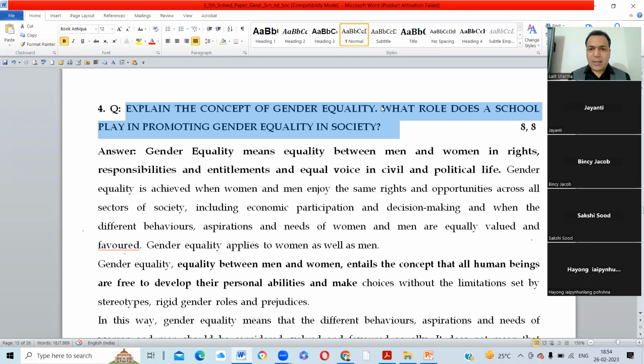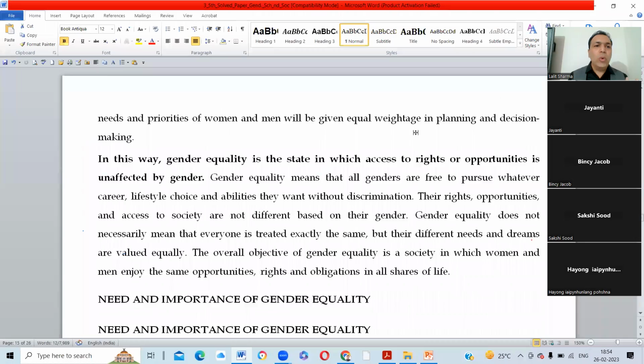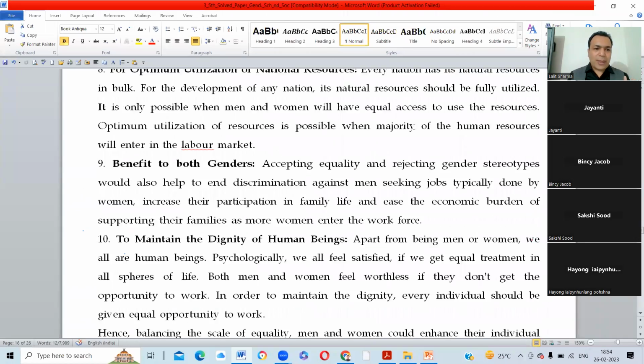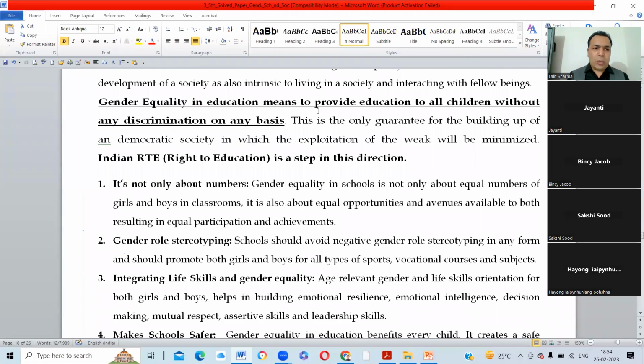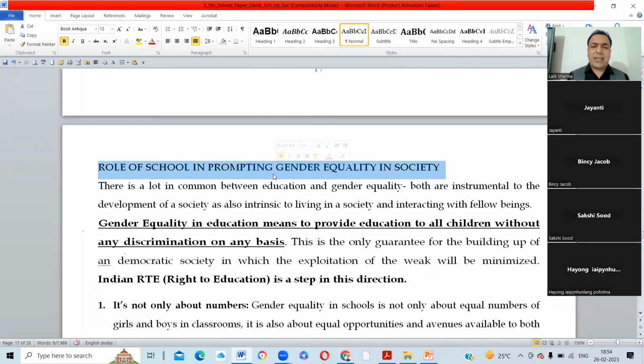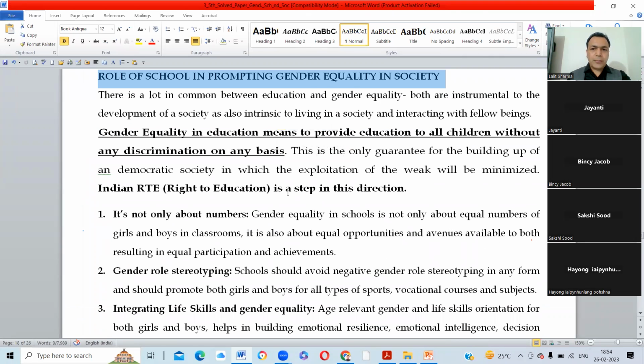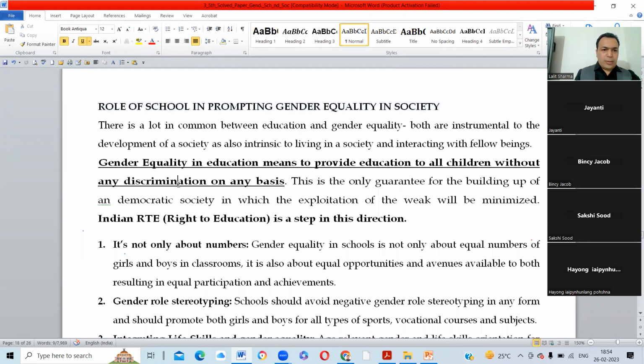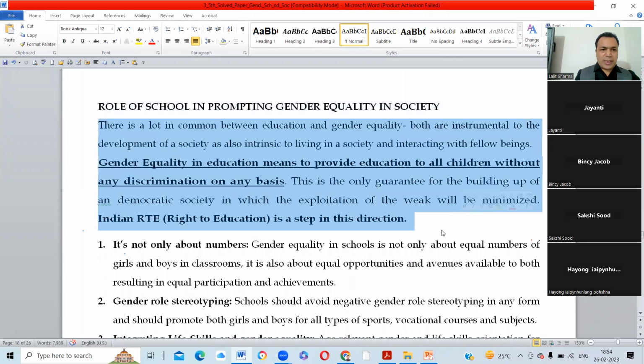Okay, now the second question is: what role does a school play in promoting gender equality in society? What is the role of a school, right? And this one, role of school in promoting gender equality in society. See this, guys, right? It is very important. Okay, see this para.